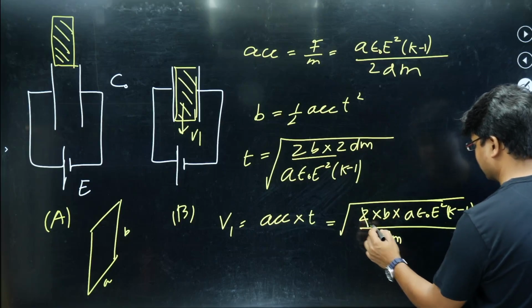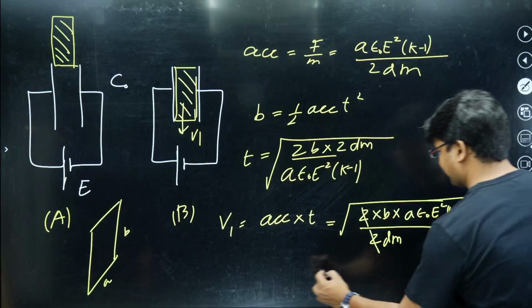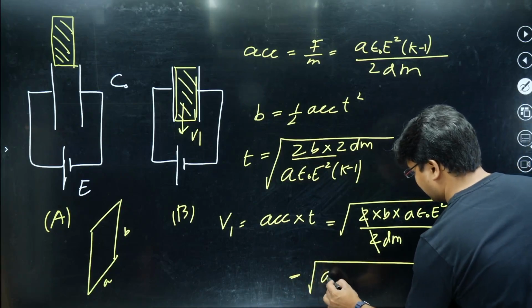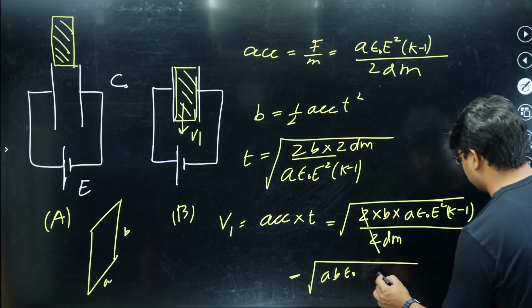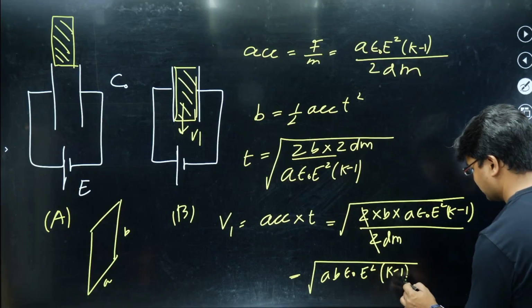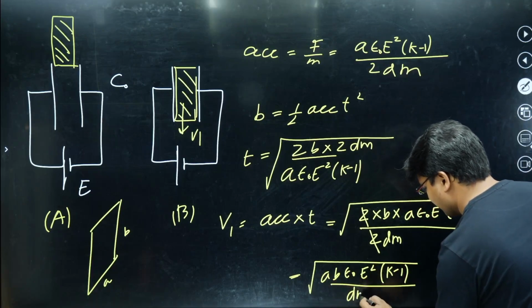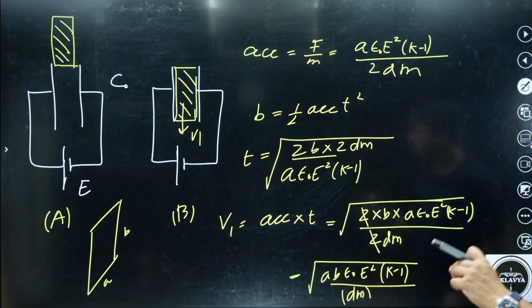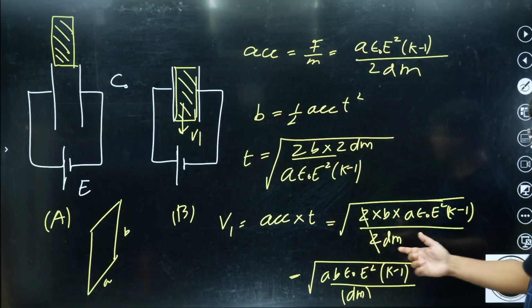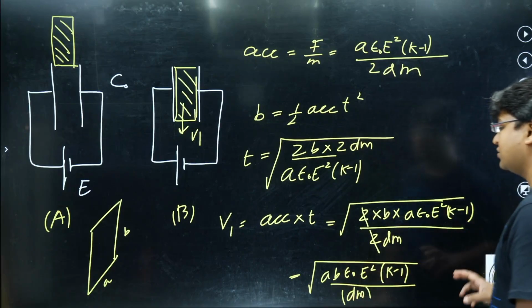So this 2 gets cancelled. So this speed is coming out to be root of a b epsilon naught E square (K minus 1) upon dm. Now this dm is not d of m, it is d into m, like distance into mass, it is not infinitesimal mass. So this is the speed.